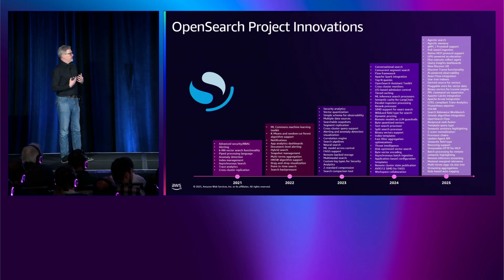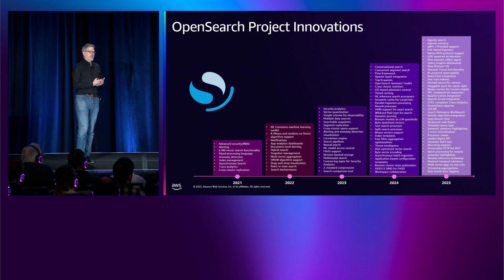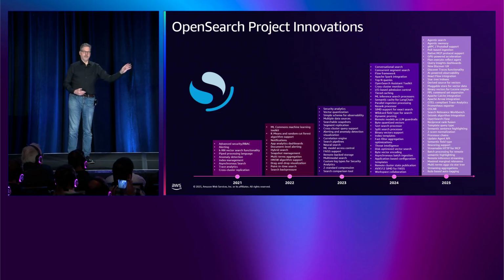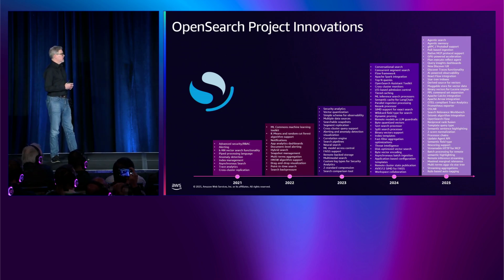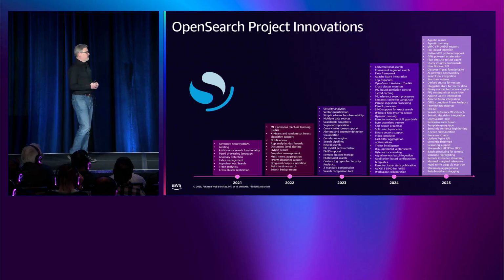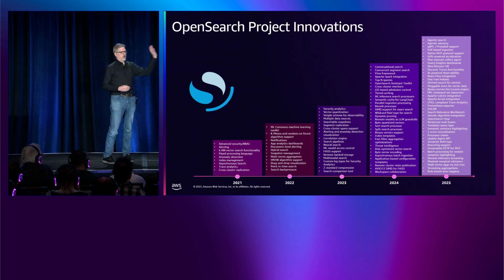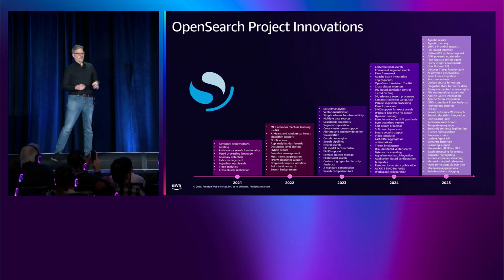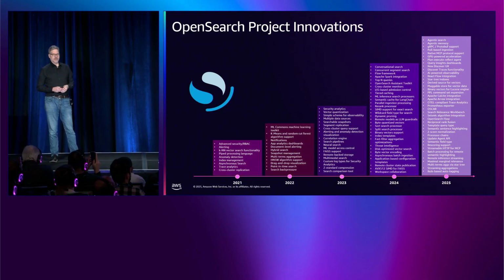And so it's really important that you feel like it's innovating and sustainable. It's that innovation, as you can see by the progressively more meaningful features we've been able to land in OpenSearch every year, that gives people confidence that, hey, this is the horse I want to bet on. This is the project I want to be involved in because look at all this innovation I'm getting for free by participating in this open source project. So I'm really excited about where OpenSearch is headed and all the things we're doing there.